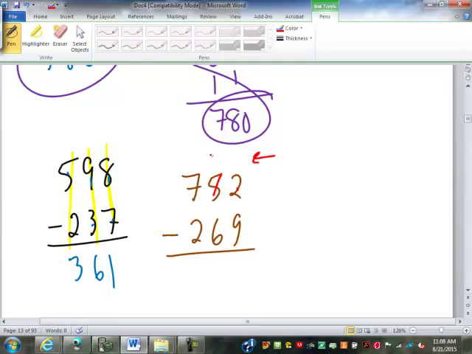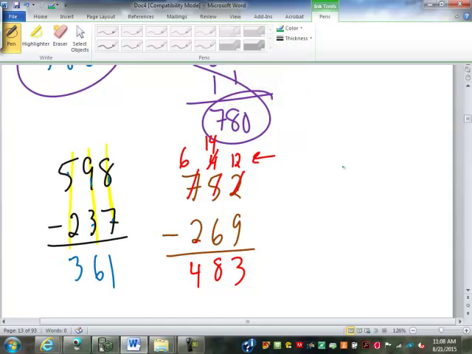Borrow from the 5. This becomes a 4, and this is now 12. 12 minus 9, 3. 4 minus 6, can't do it, so we borrow from the 7. This is now a 6, and this is 14. 14 minus 6, 8. 6 minus 2 is 4.